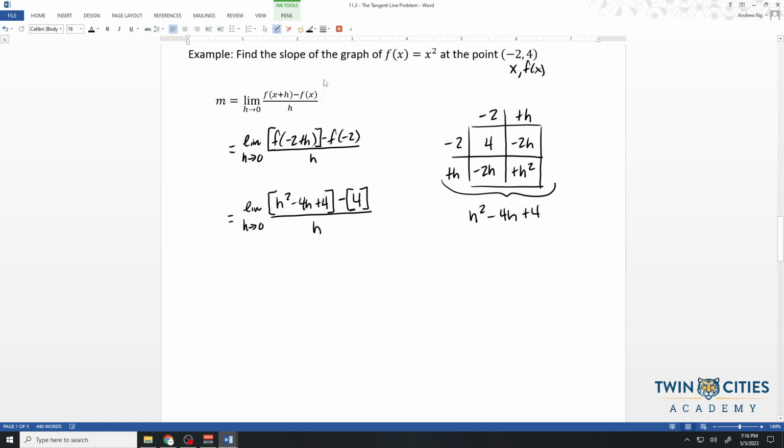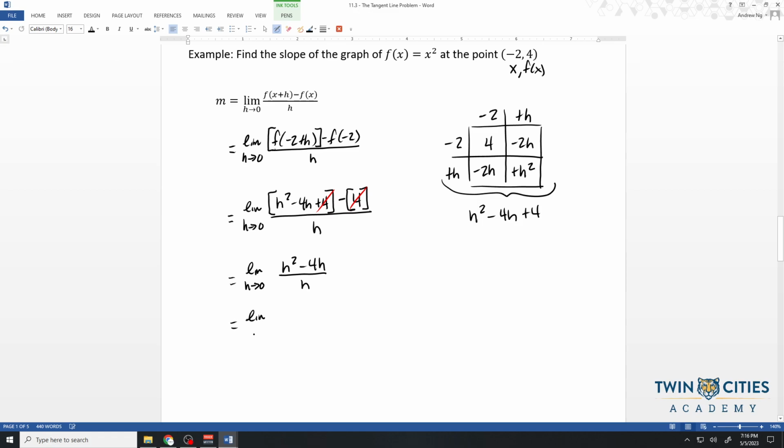All right, let's see. I've got h squared minus 4h plus 4, and then a minus 4. 4 minus 4, those will subtract out. So I've got the limit as h approaches 0 of h squared minus 4h all over h. And I can factor this. I can pull an h out to the front here.